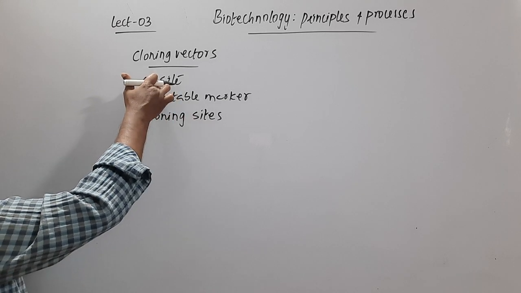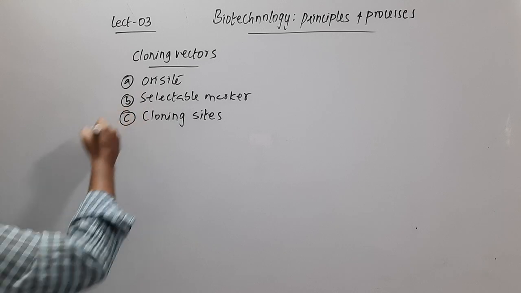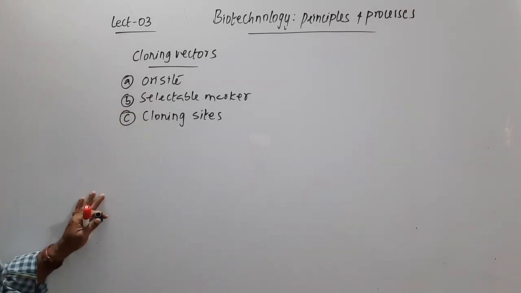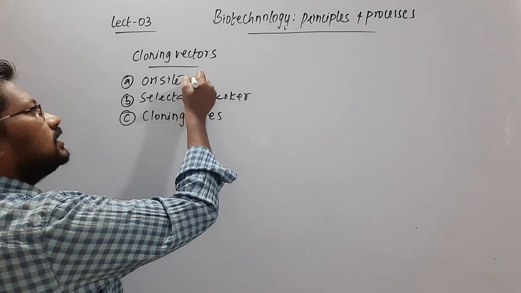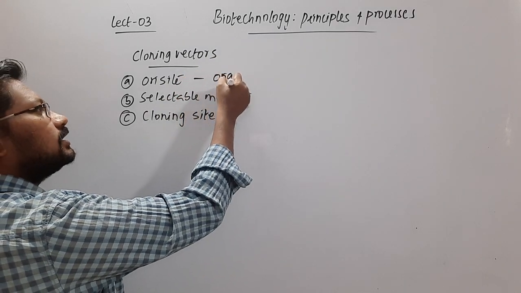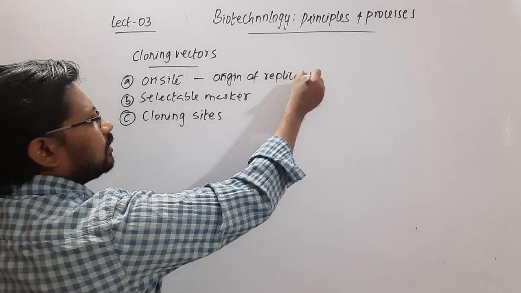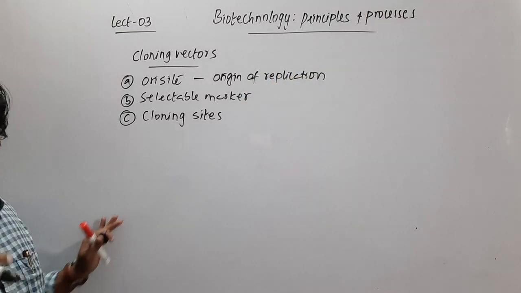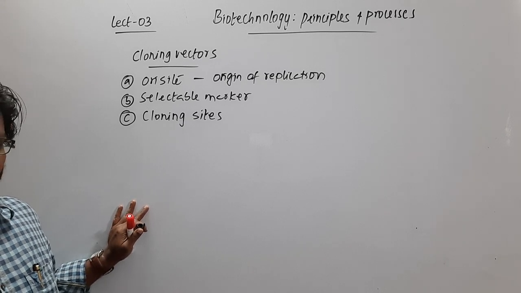So let's see the first one. These are the properties of the cloning vector. It should have these properties to be used as a cloning vector. Now first, the ORI site, we know already it's the origin of replication. Usually plasmids have one origin of replication, and that is compulsory.